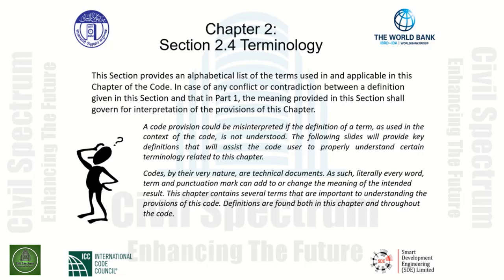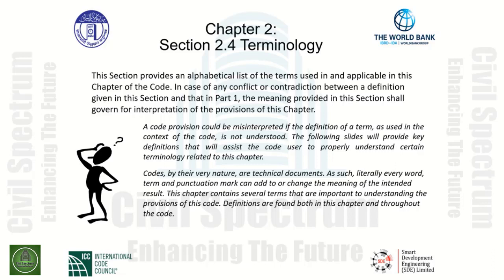The following slides will provide key definitions that will assist the code user to properly understand certain terminology related to this chapter. Codes, by their very nature, are in fact technical documents. As such, literally every word, term, and punctuation mark can add to or change the meaning of the intended result.